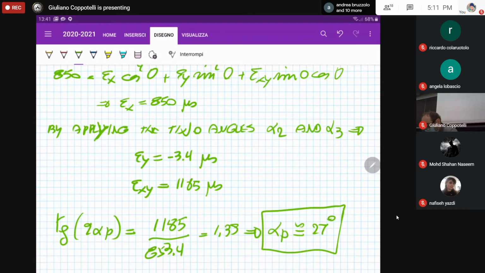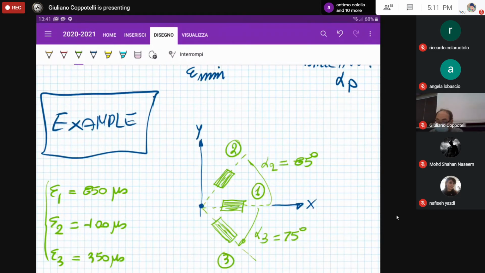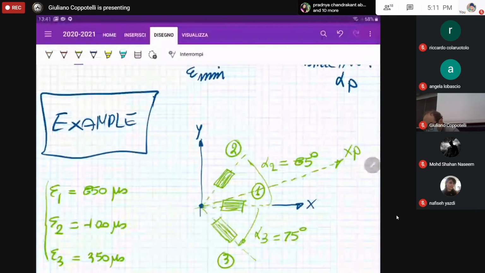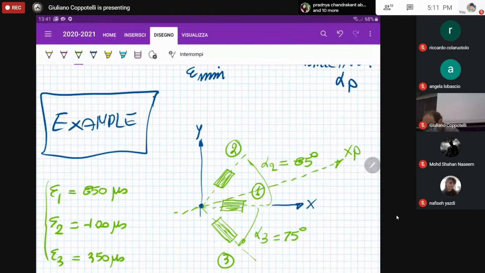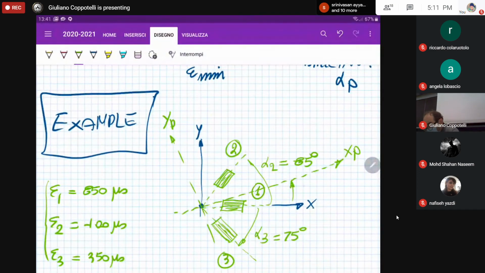So if you go back to your starting point, then you can say that with a 27-degree shift from the x-axis, you have your principal strain for the normal direction, YP. This is alpha p equal to about 27 degrees, same as before.